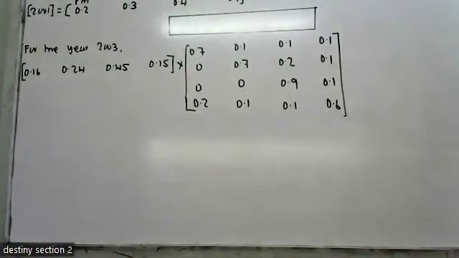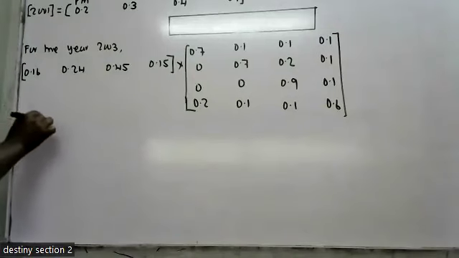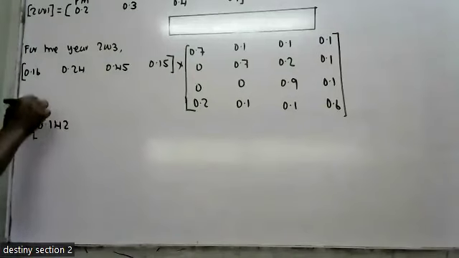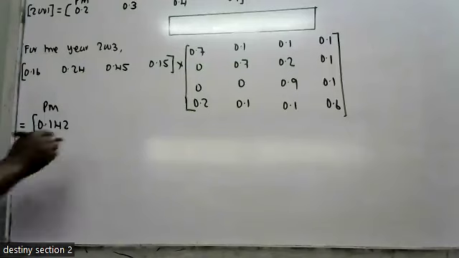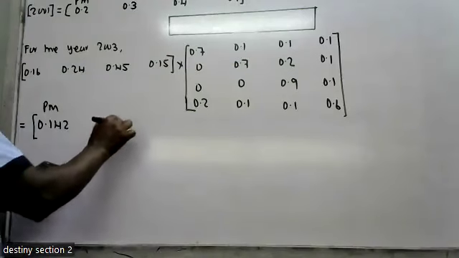So once again, multiplying this one, I will say 0.16 times 0.7 plus 0.15 times 0.2 is 0.142. This is now for PM. Then I say 0.16 times 0.1 plus 0.24 times 0.7 plus 0.15 times 0.1 is 0.199.